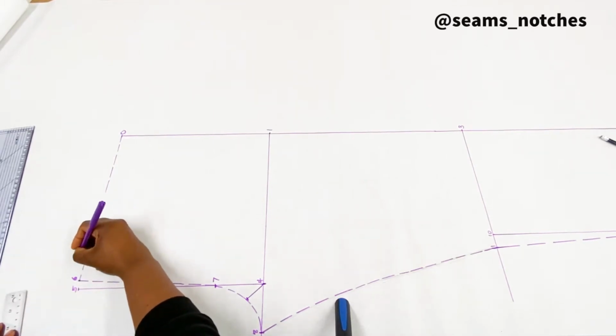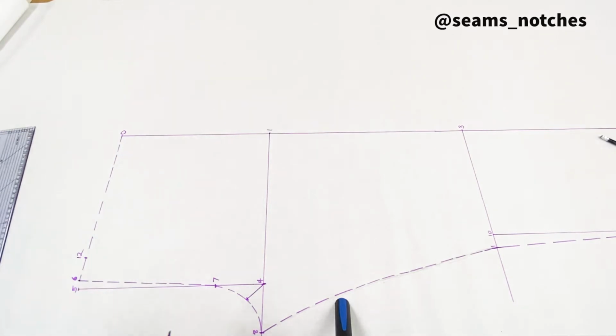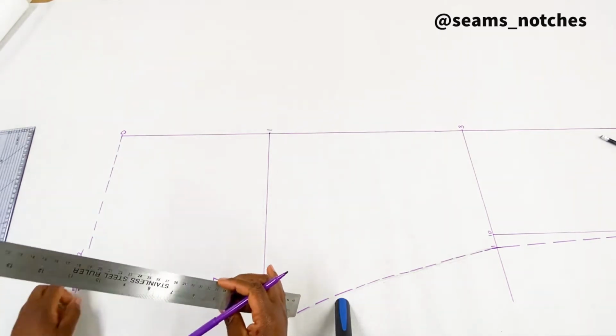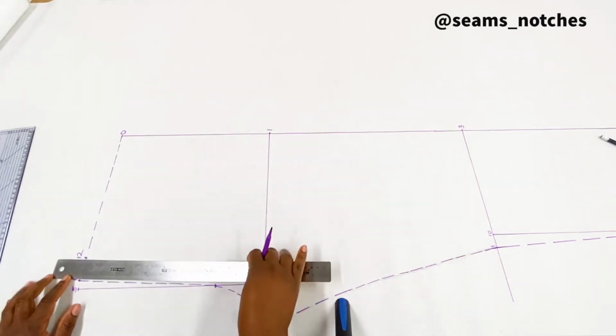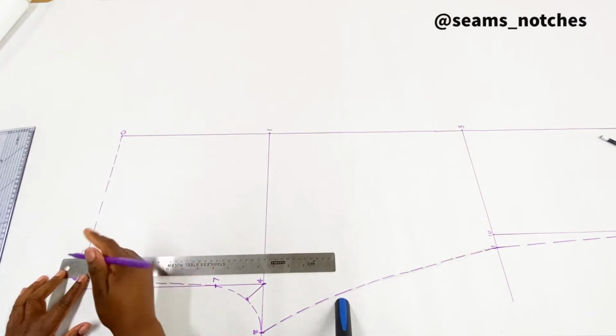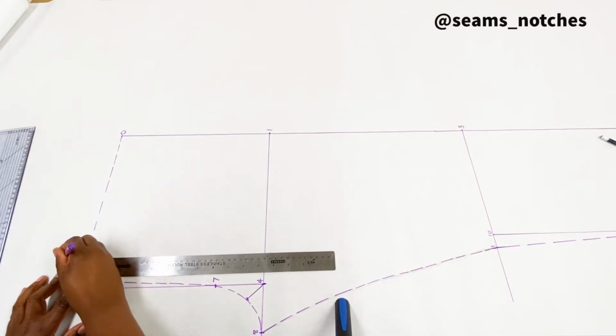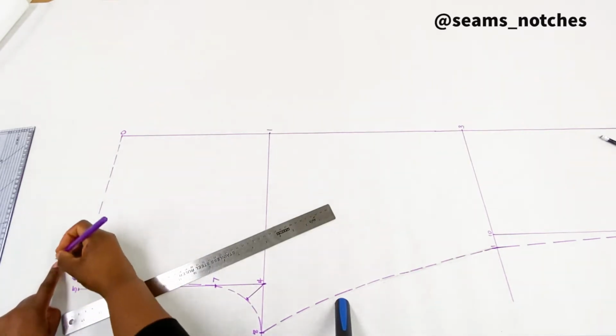And this point is point 12. So to get point 13, we are going to draw from point 12 upwards 3.5 centimeters as well. And this point is point 13.